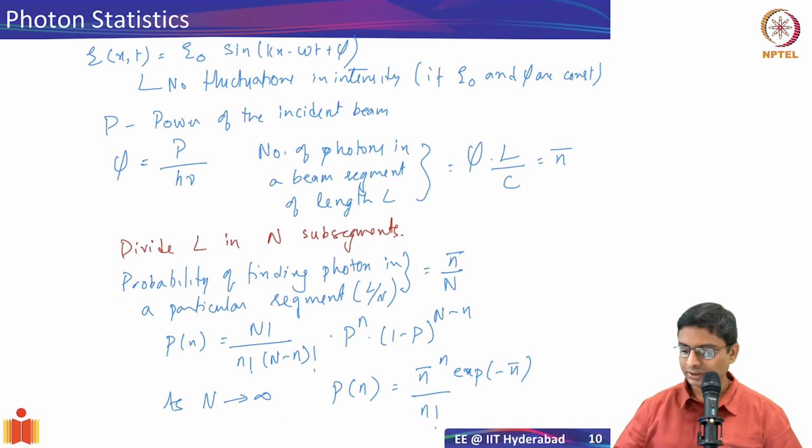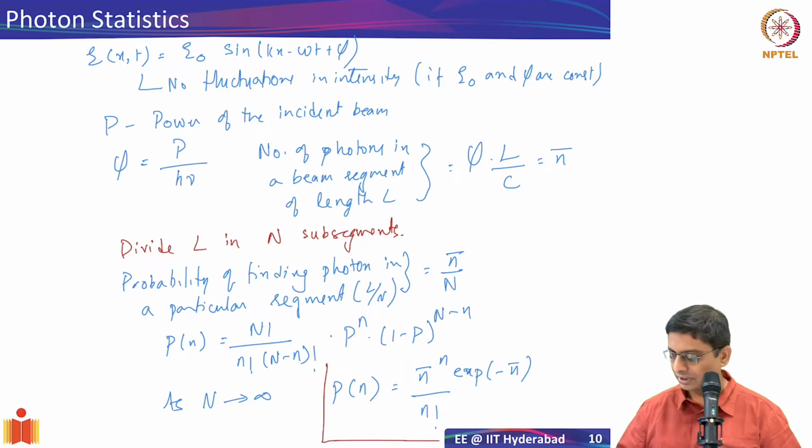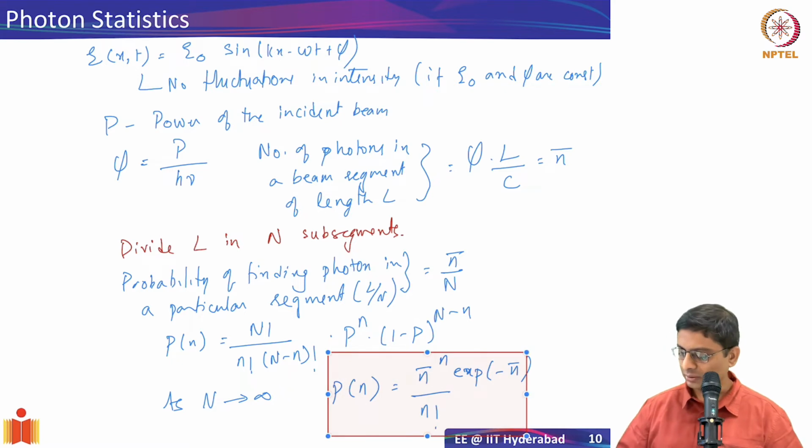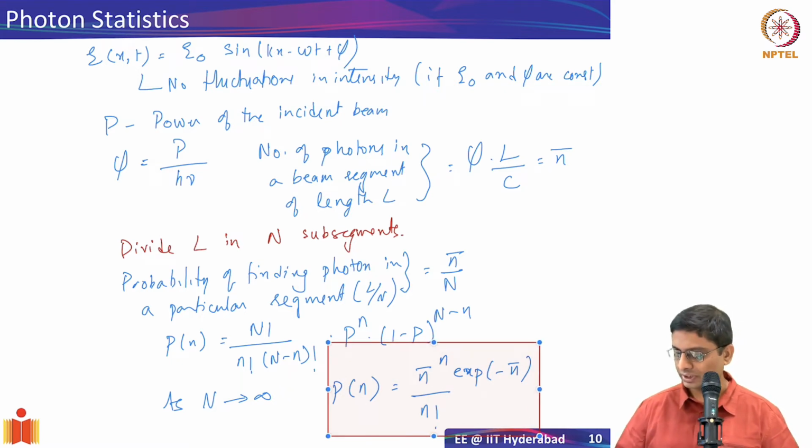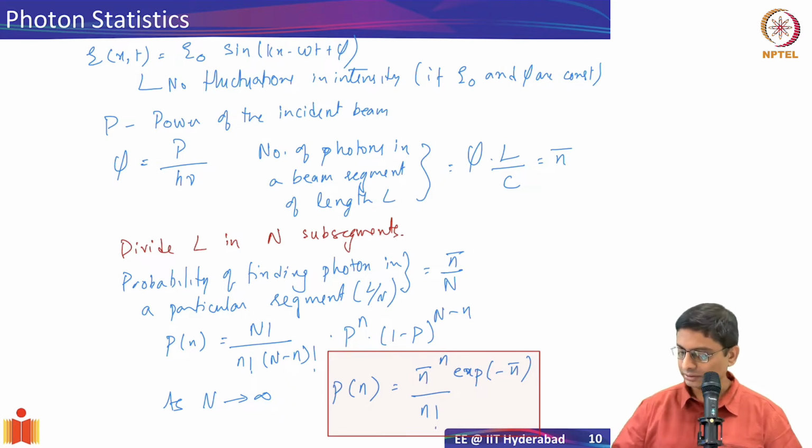This is the probability distribution that tells you the probability of finding n photons in a particular beam segment, and n is 0, 1, 2 and so on, integer numbers.